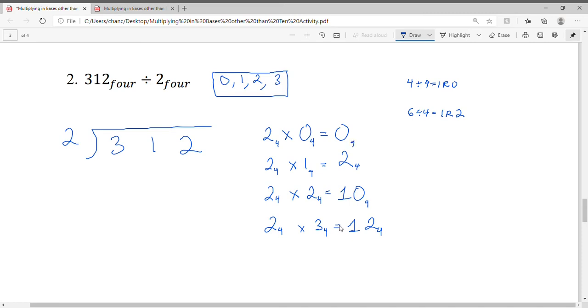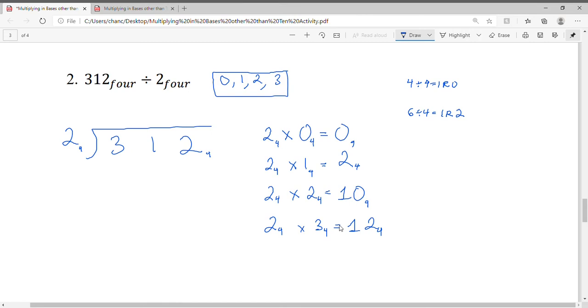Now, since we have all the multiplications written out, it's easy to do the division. Remember, all of these are in base 4. So let's divide. 2 times what gives me very close to 3? Well, if you check, if I do 2 times 1, that's very close to 3.